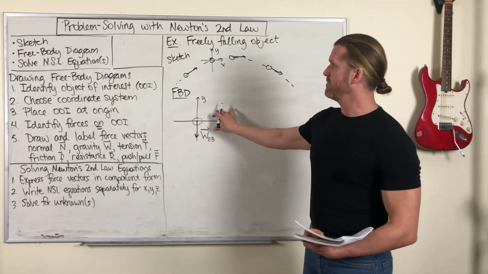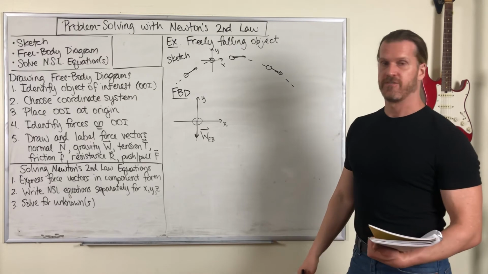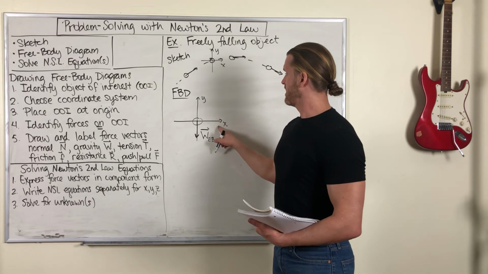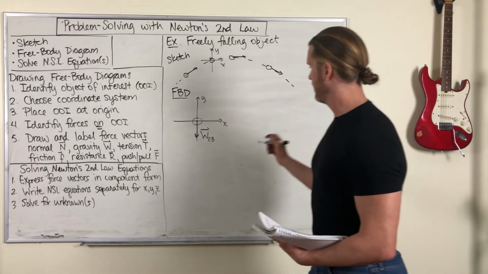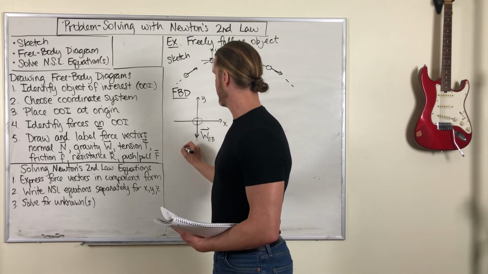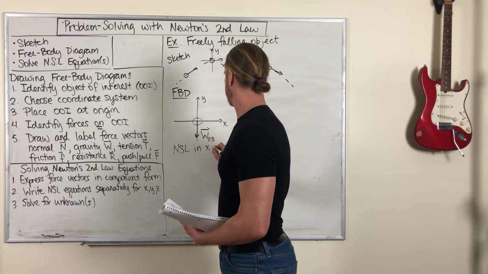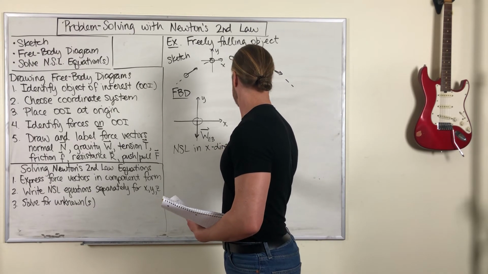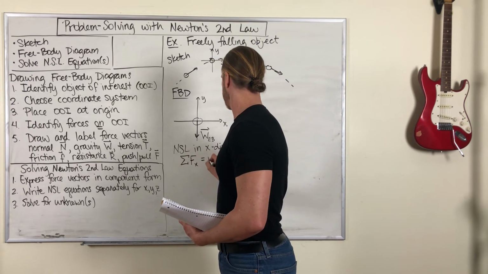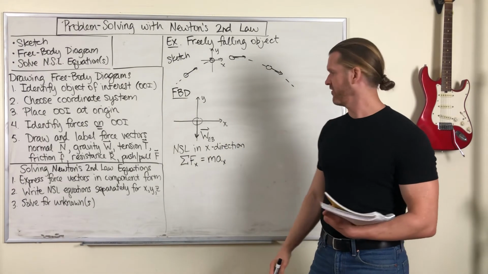All right, we've got our free body diagram. Now what we need to do is write down Newton's second law and solve those equations. So we have an x direction and a y direction, and I'll do both of them even though you don't really need to do the x direction, but I will anyway. So Newton's second law in the x direction says the sum of all the forces in x equals mass times ax.